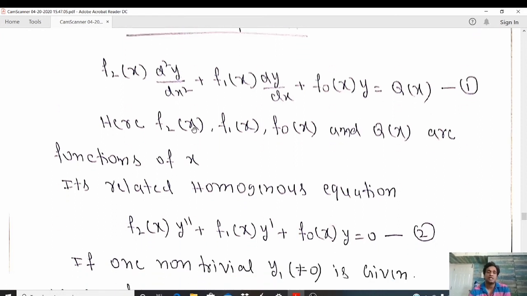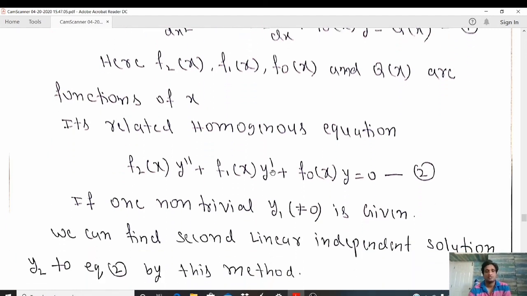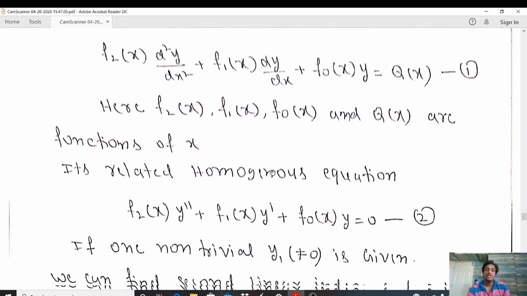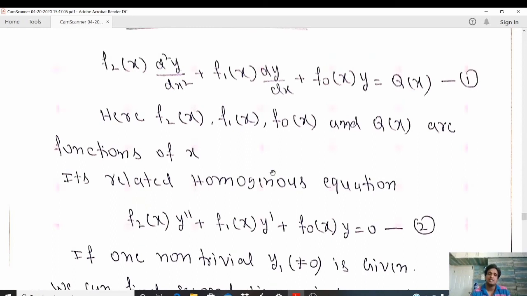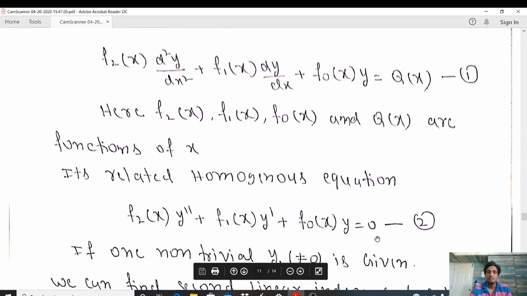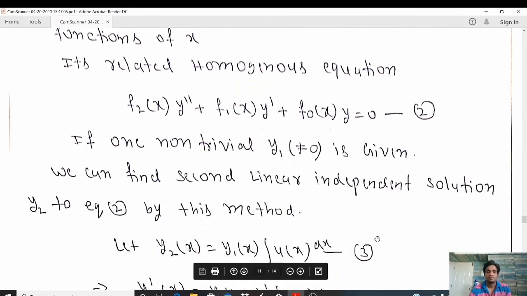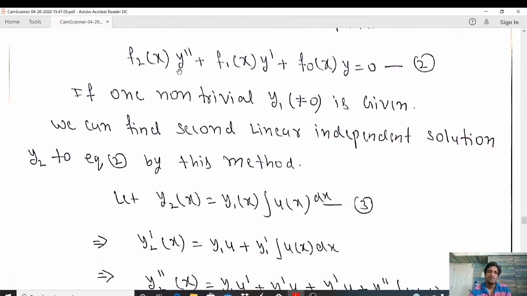Here the coefficients f2, f1, f0 and q of x are functions of x. Now we are considering the homogeneous equation of this one. That means if we take q of x equal to 0, then it becomes f2 of x y double dash plus f1 into y dash plus f0 into y equal to 0. Here y double dash means d square y by dx square.